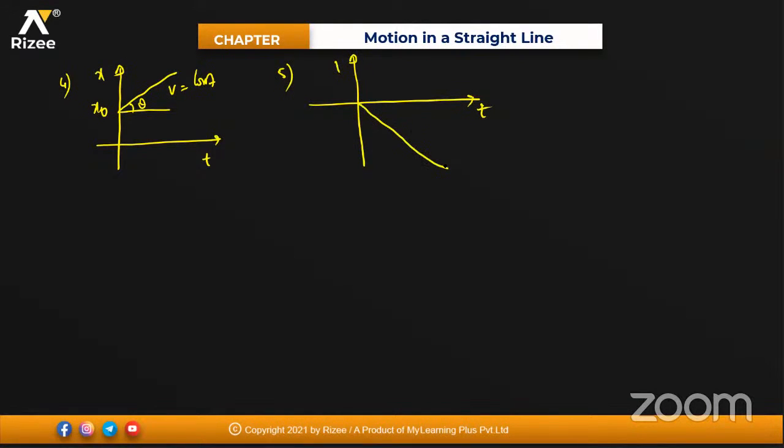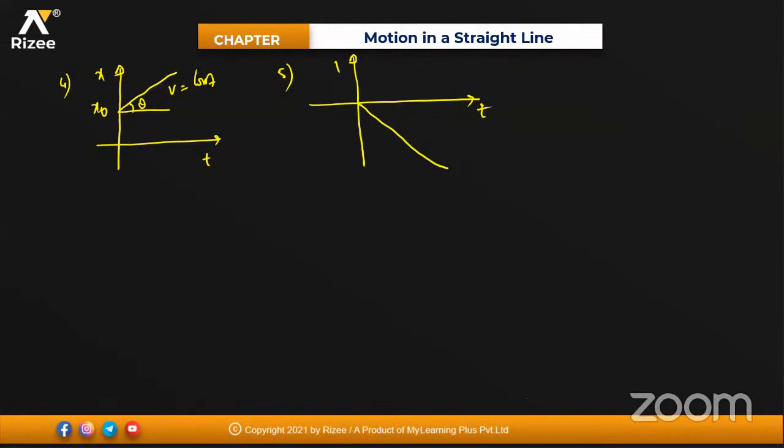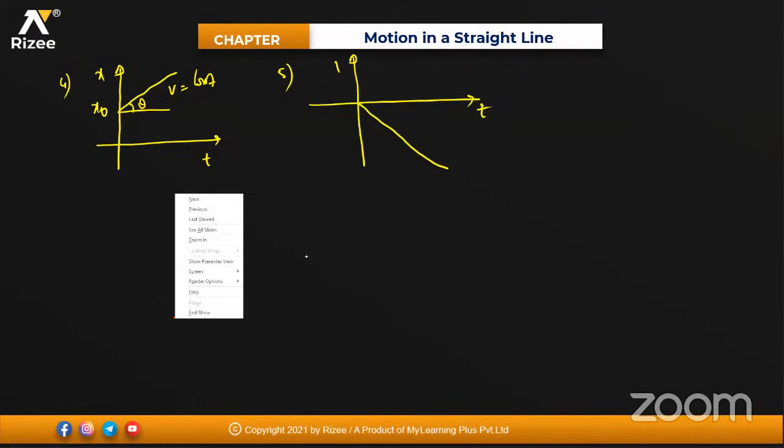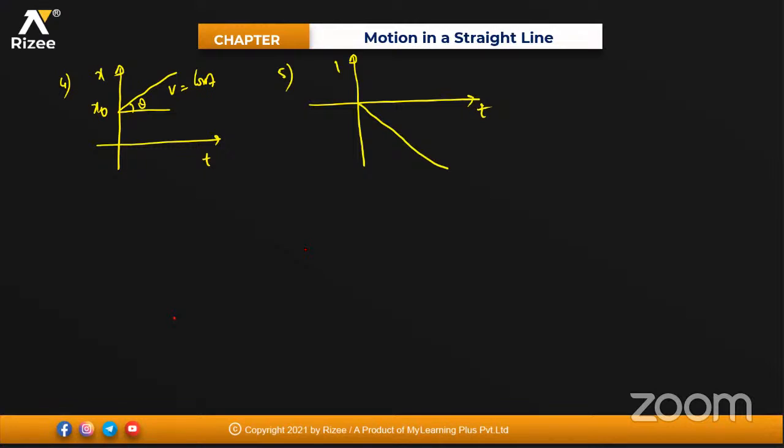If I have the graph like this, and I take some point on this one, if I draw a slope for this one, this will be your theta 1.